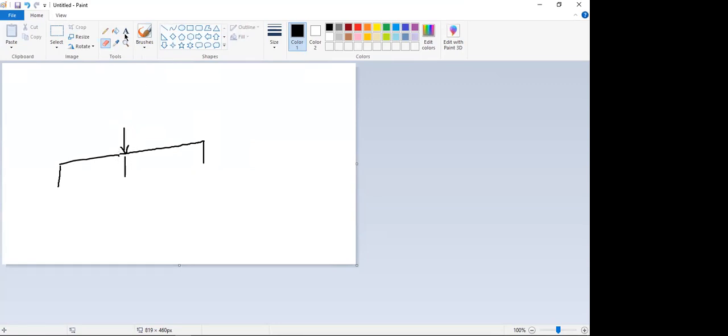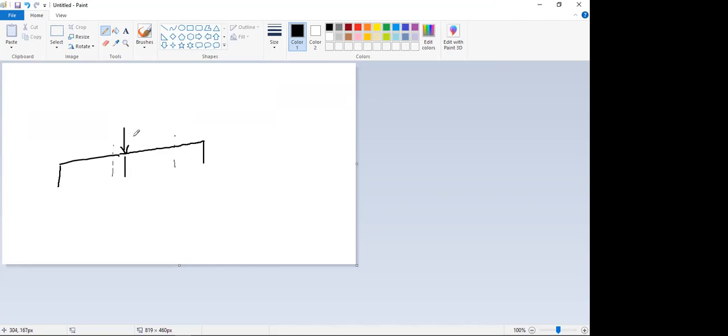But if you move a bit right or left of this particular section, at that point the effect of this force is going to be considered as a moment. You have to be clear about that. Now the effect of this force at this particular section is going to be termed as moment, or moment of force.